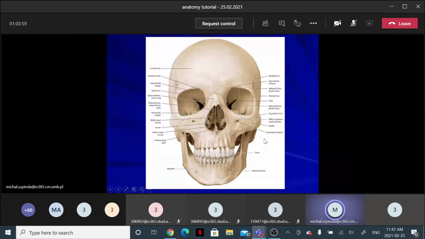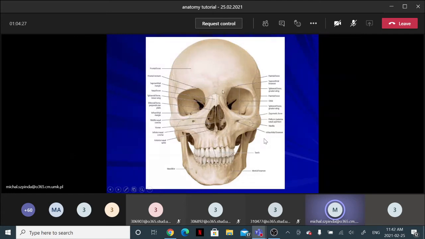So just in the embryo and fetus, the frontal bone is double. So two frontal bones are separated by the frontal suture or metopic suture. Metopic is even better than frontal suture.